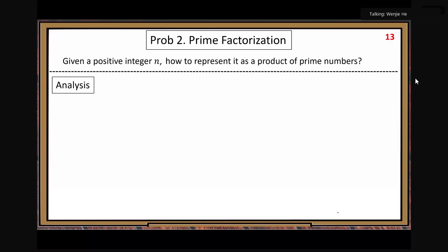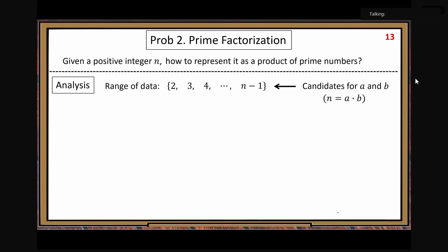Next, let's continue. Here you can see how much work we need to do when we do the testing. The candidates are here, this range.